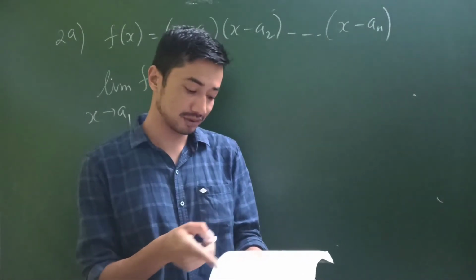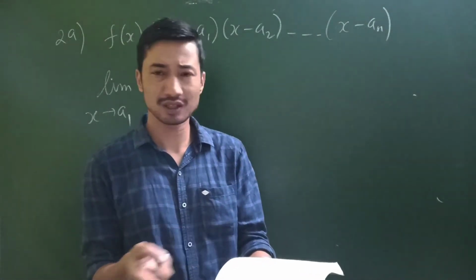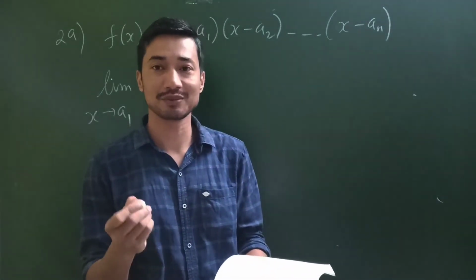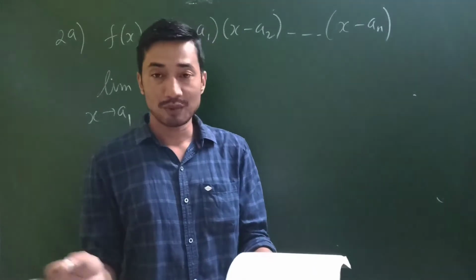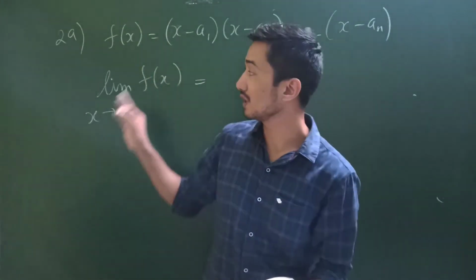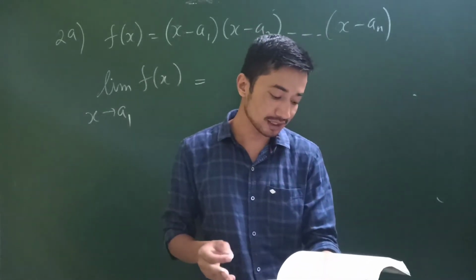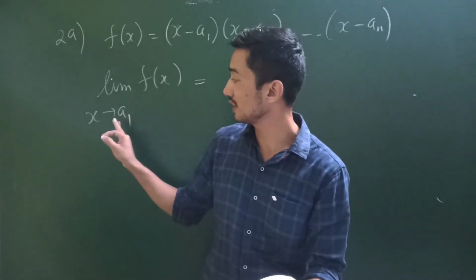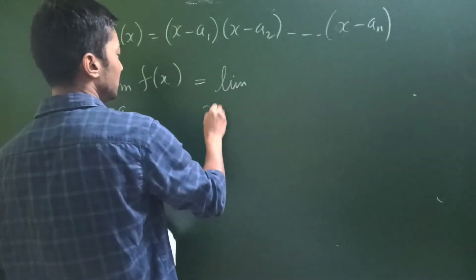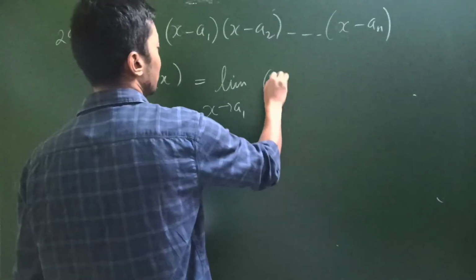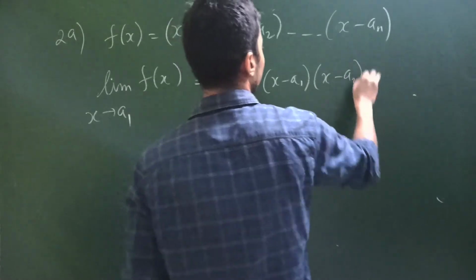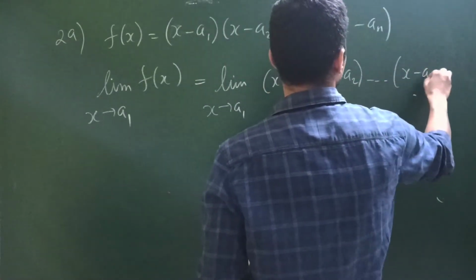This question looks a bit different from the other questions, but look at it carefully. It's a very simple question. a1, a2 and an are just real numbers, and the function is defined. The only thing they ask is, what is the limiting value of the function f of x as x tends to a1? What is my function here? x minus a1, x minus a2, up to x minus an.